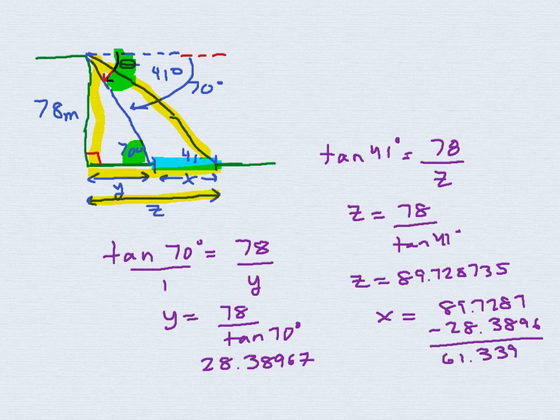So round to the nearest proper, say we do the nearest tenths, the answer would be 61.3 meters, and that's the width of the river, or in other words, in our diagram, the value of x.